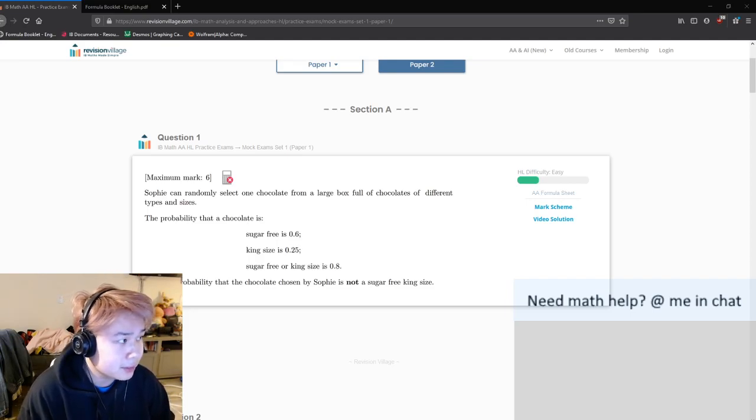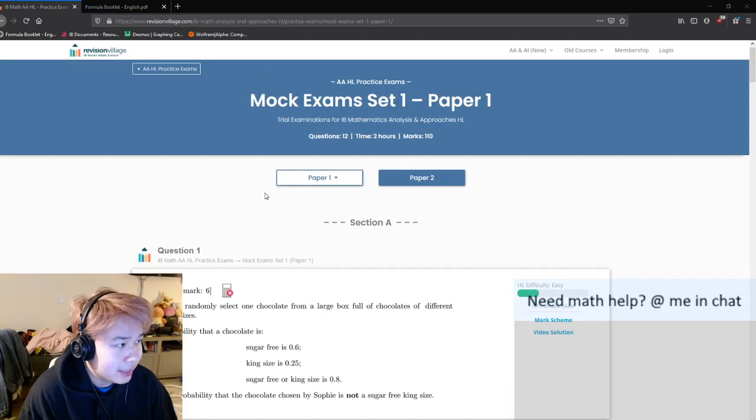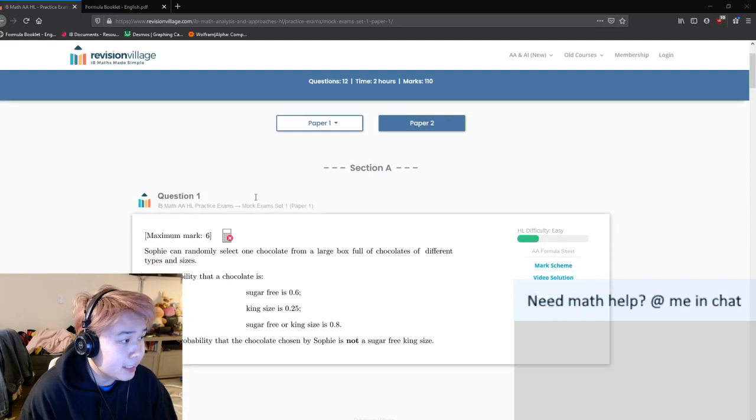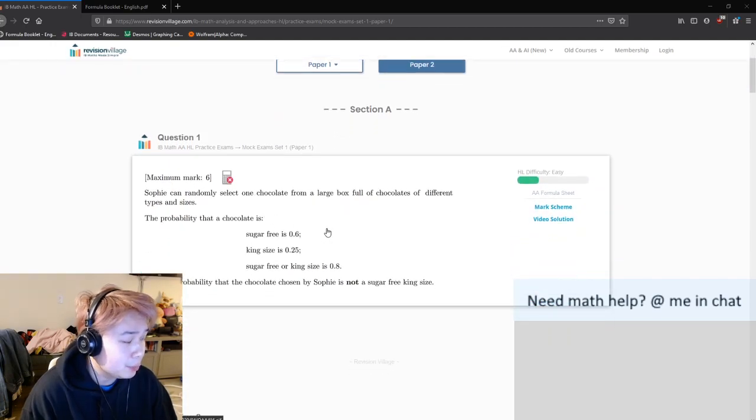But the higher level curriculum has changed quite a bit, so I didn't really want to go through an old paper. Instead, today we're going to go over Revision Village. They have a set of free papers, and we're going to go over their practice paper 1. We'll see how long it takes.